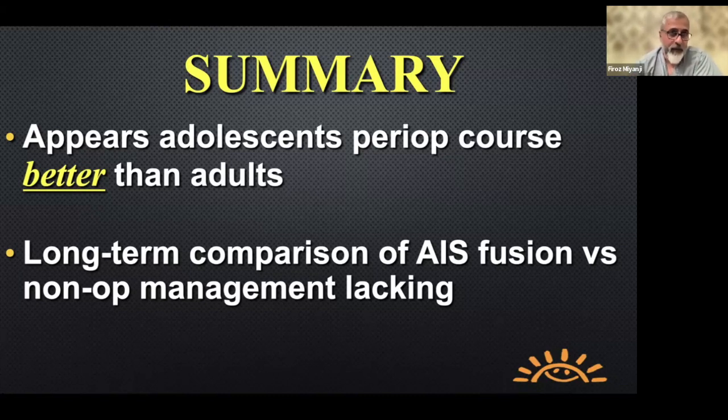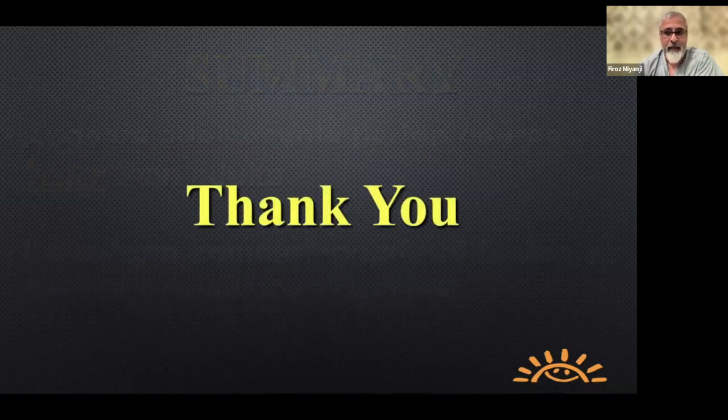We really don't have that comparative study, but hopefully from what I presented, you get an idea of what happens to idiopathic scoliosis in adulthood, and it helps you with decision making with patients, because I do find that patients are coming in asking a lot about the long-term effects, both of surgery as well as not having surgery. Thank you very much.